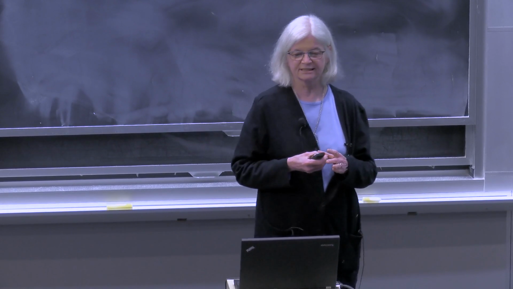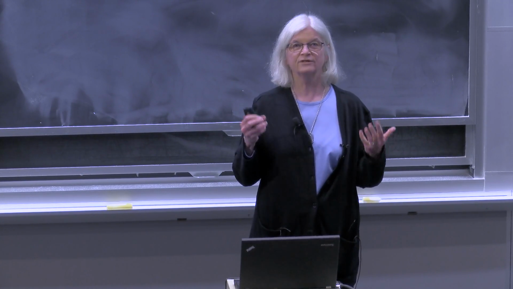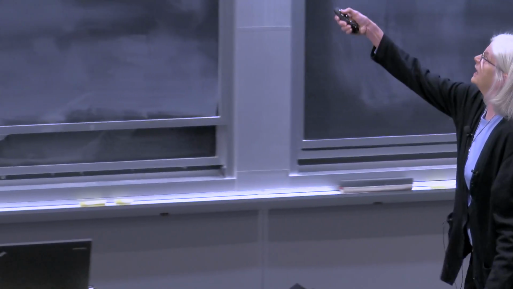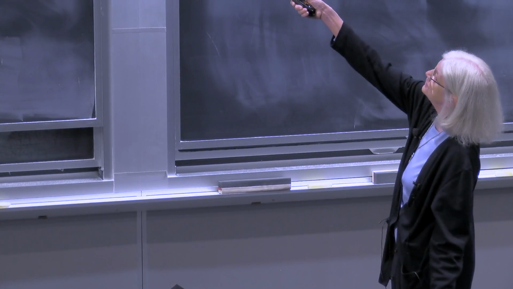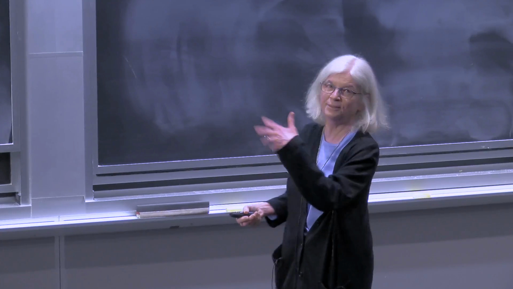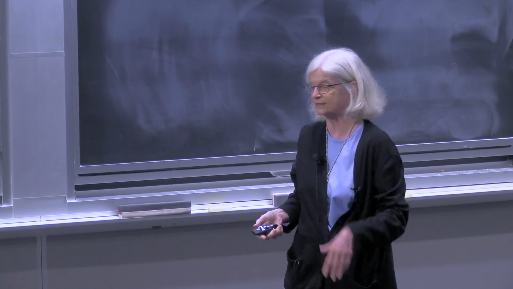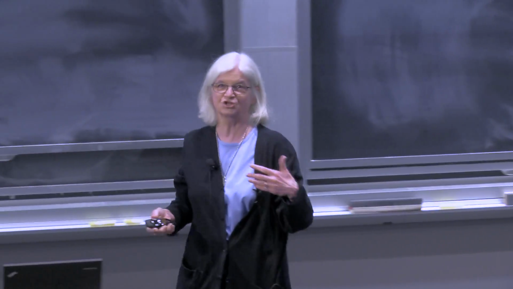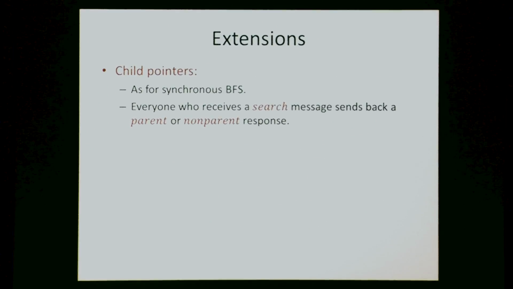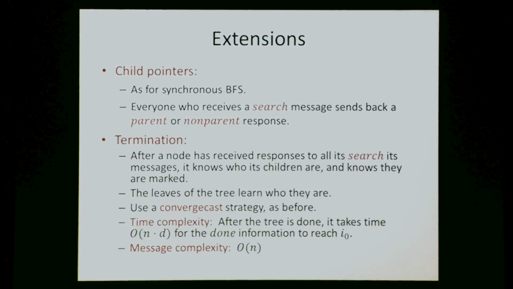We could say, for instance, as an invariant, that all the distance information you get is correct. If you ever have your distance set to something, it's the actual distance on some path, and your parent is correctly set to be your predecessor on such a path. So this is just saying whatever you get is correct information. This doesn't say that eventually you're going to finish, though. It just says what you get is correct.